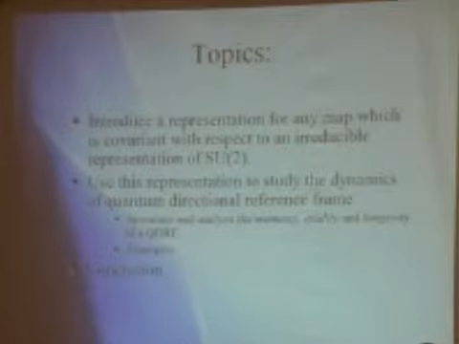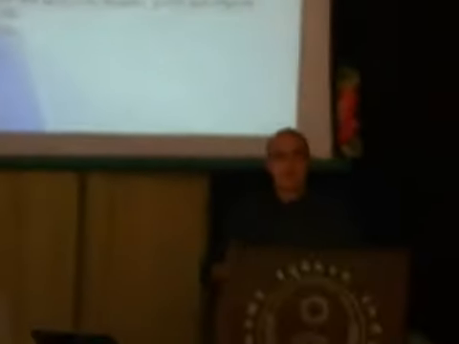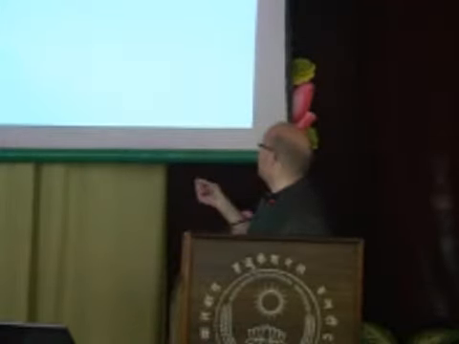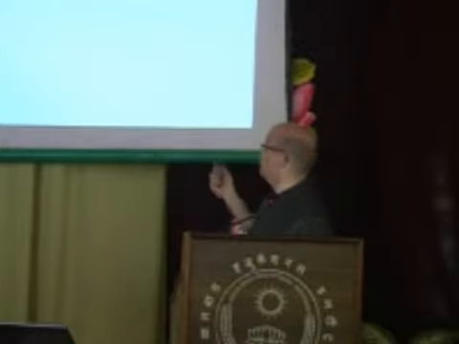What this means is that if I have a quantum map that's invariant under rotation in space, then I will have a nice general way of writing it. With this form, it will be easier to analyze the scenario I'm interested in, and I will be able to study the dynamics of the quantum reference frame.